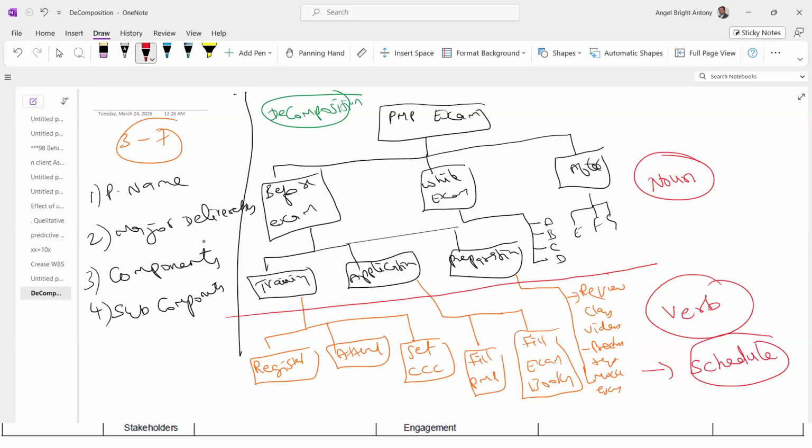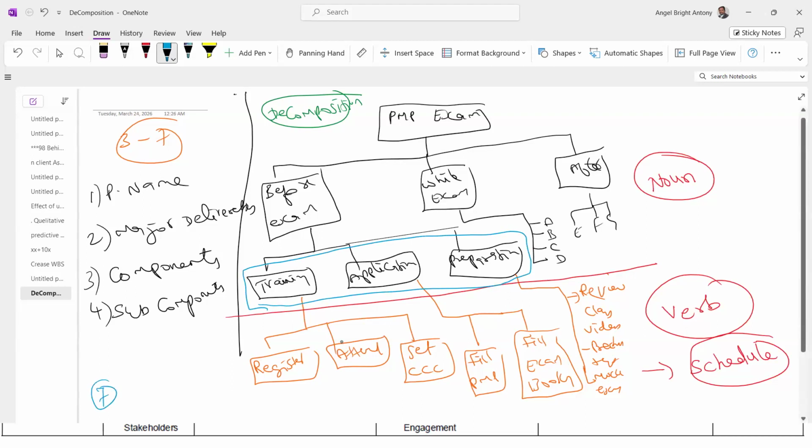The lowest level of the WBS, one level prior to the activities, is known as work packages. In my example, these are the work packages. So assume there are 7 levels in your WBS.